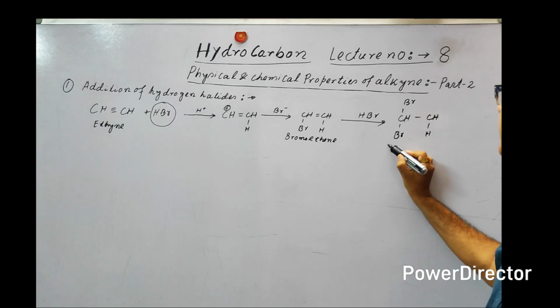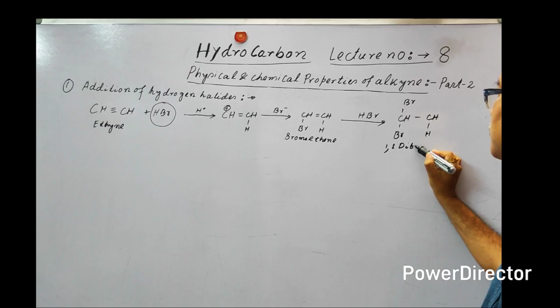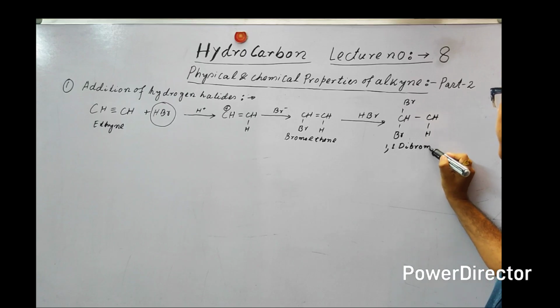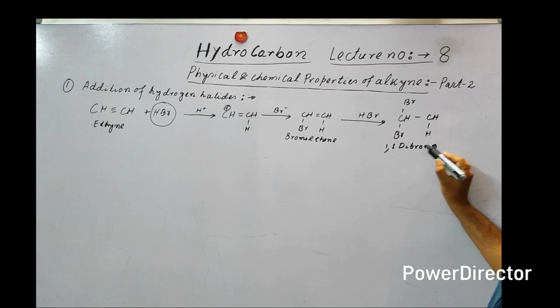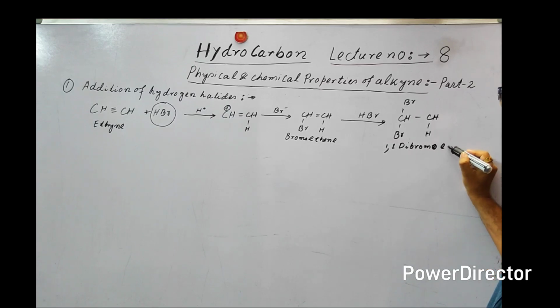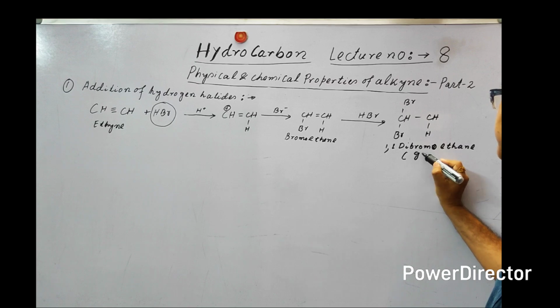So it is going to create this product. What is this? This is 1,1-dibromoethane, because two bromine atoms are attached. Now this is a saturated hydrocarbon, ethane, and it is also called, by its common name, a gem dihalide.